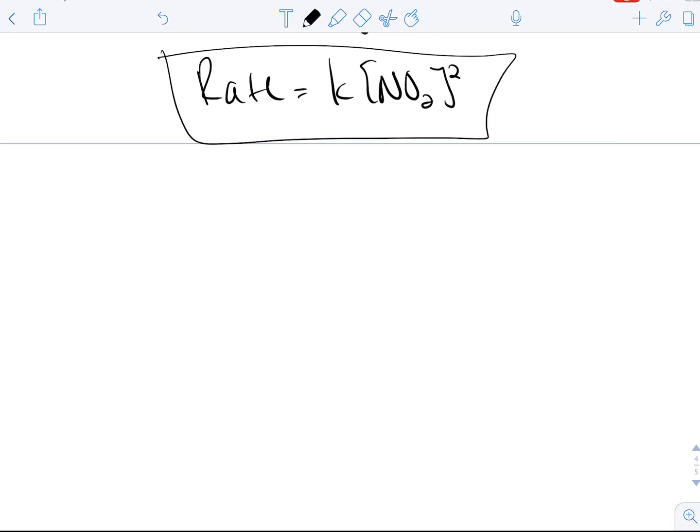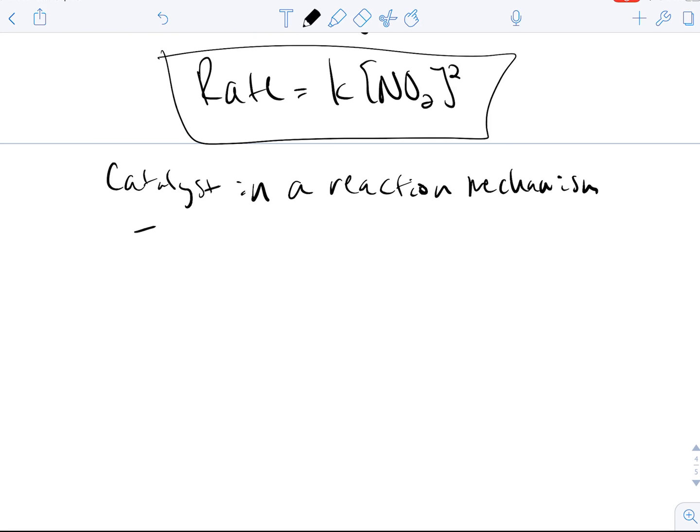You also see a catalyst in a reaction mechanism. And with that, it is going to be consumed in a step and then reproduced in a further step.